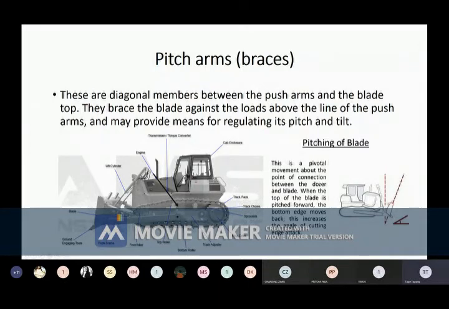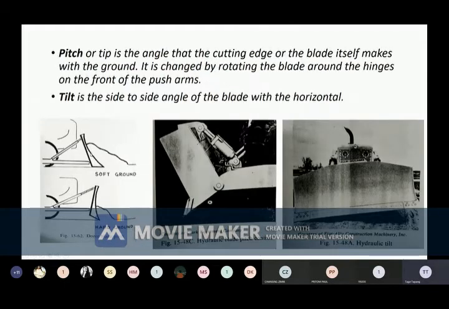If you extend this and push the top of the blade, what will happen? The angle of attack will be very sharp. And if you contract, the angle of attack will be less. Here again you can see this pitching of the blade. How much extension we provide here, that much sharper the angle. You see here pitch and tilt.